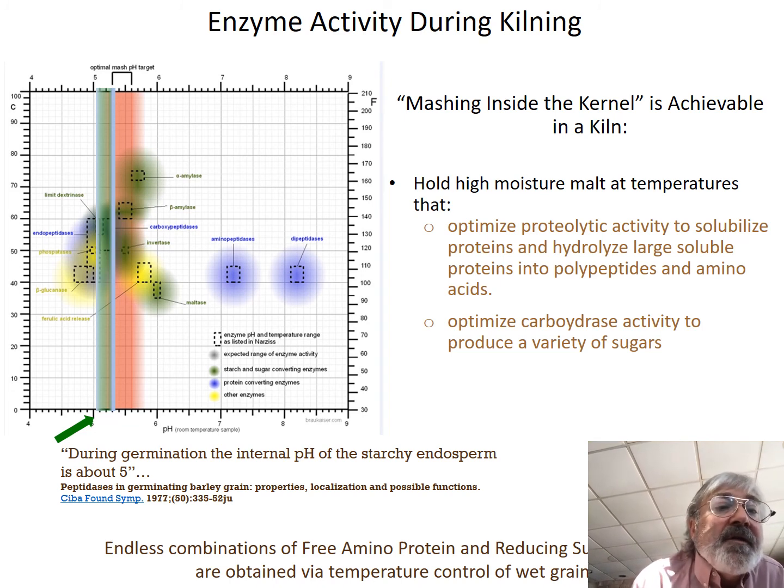So you just find the proteolytic activity, find out what temperature you need it to be, and activate it. And also carbohydrase activity. Now these are all happening very slowly below their optimal temperatures. So a long period of time at slow reaction still gives you some results.